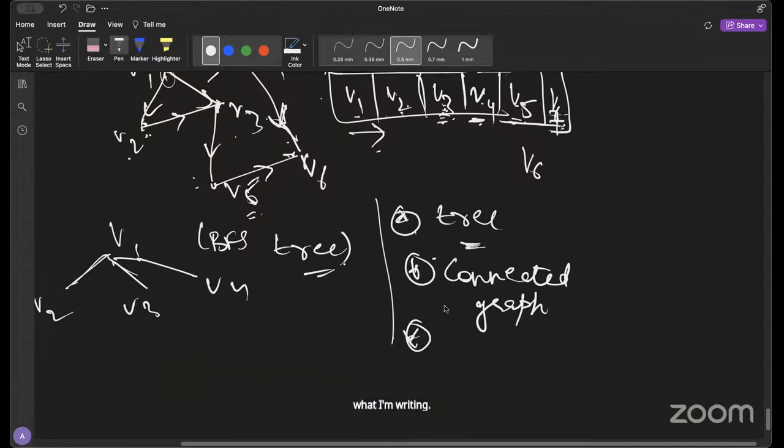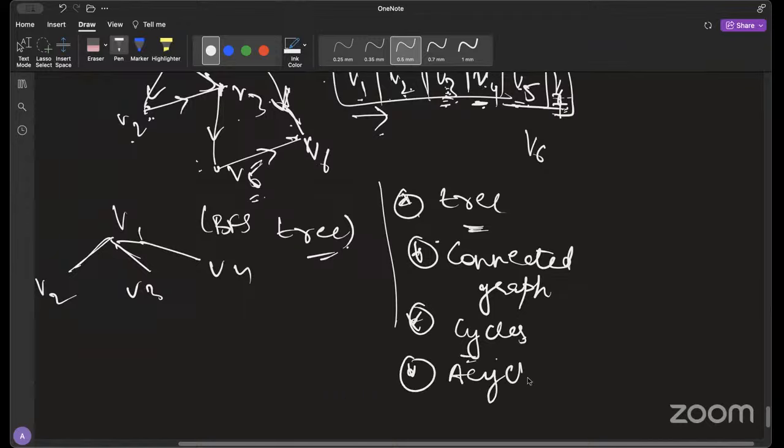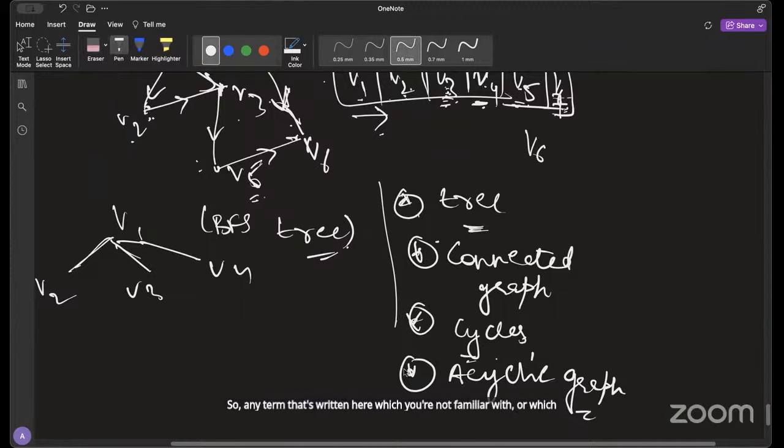Yeah. Tree and connected graphs. So any term written here which you're not familiar with or have a doubt in, you can just ask.